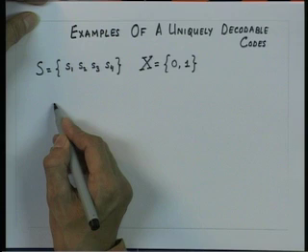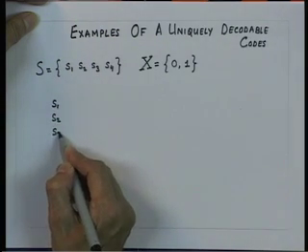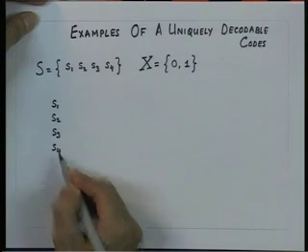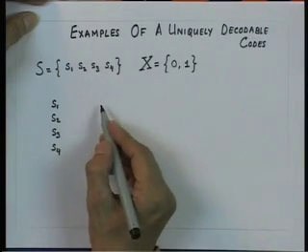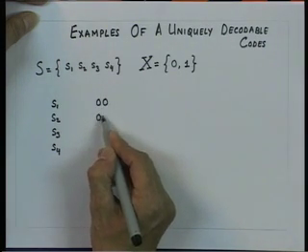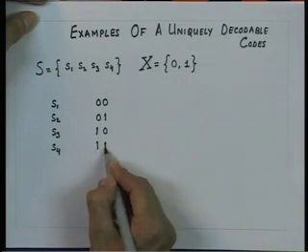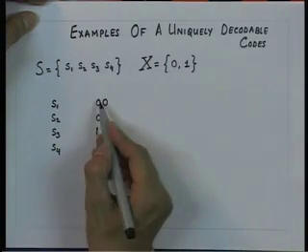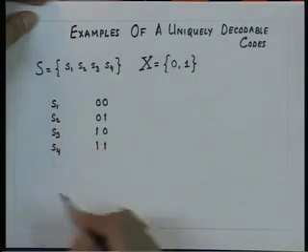So, let us say I have S1, S2, S3, S4, and let me have the code words as 00, 01, 10, 11. So, these are the code words for these symbols.